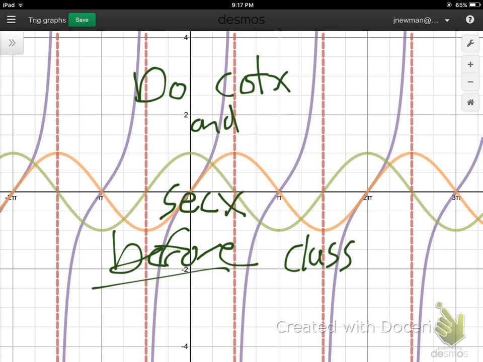That way you can share those with your friends and work together and make sure you have those plotted correctly. If you need to, you may also use Desmos to help you in that. However, on the quiz, I expect you guys to be able to graph that by thinking about it and drawing the connections between those and sine and cosine.